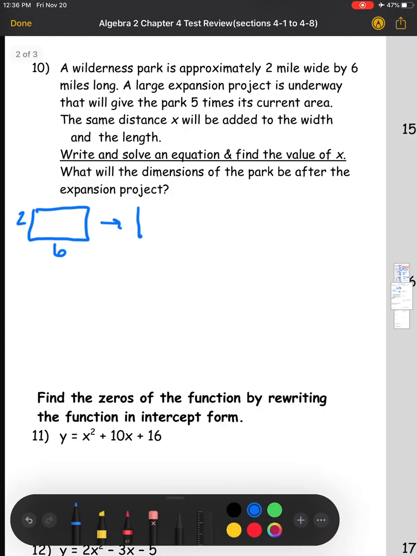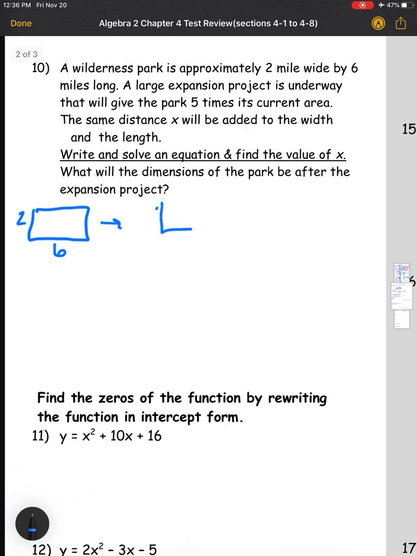So if I try to draw that, I'm adding x amount to the width and x amount to the length, and it's supposed to be 5 times its current area. The original area would be 2 times 6, because area is length times width. So in this one, I had 5 times 2 times 6, or 5 times the current area.